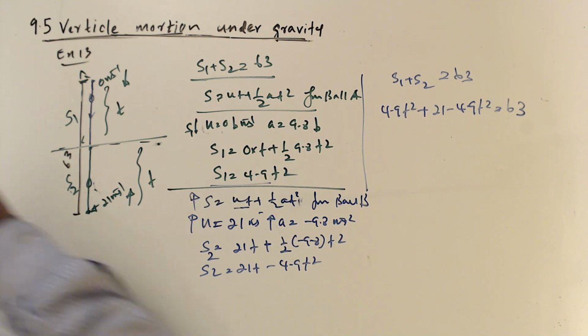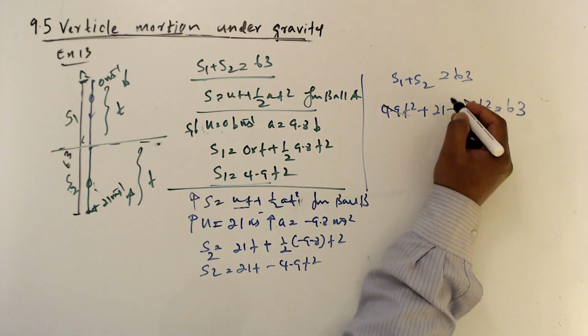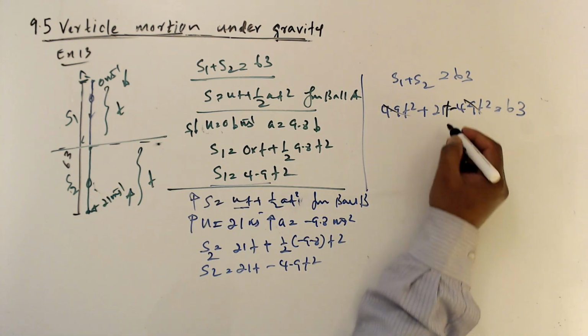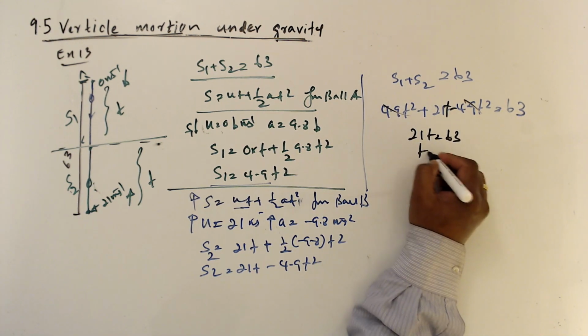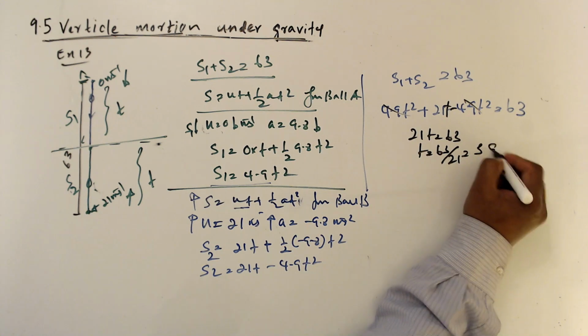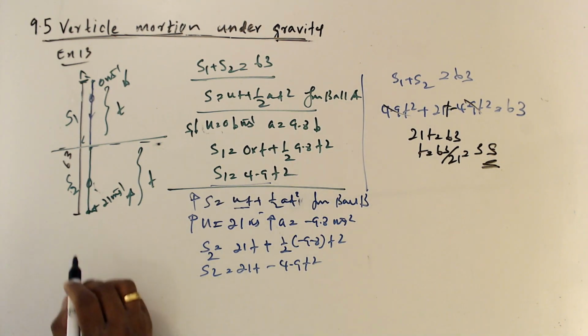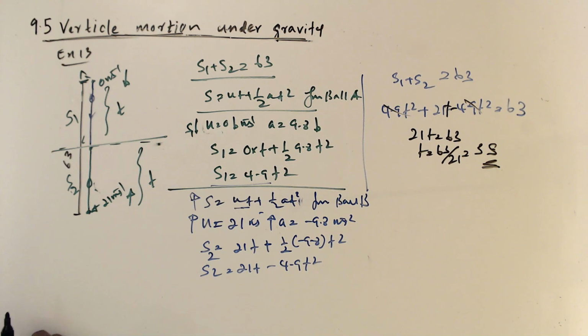This cancels out. So 21t equals 63. t equals 63 divided by 21, so 3 seconds. So the balls collided 3 seconds after they were projected.